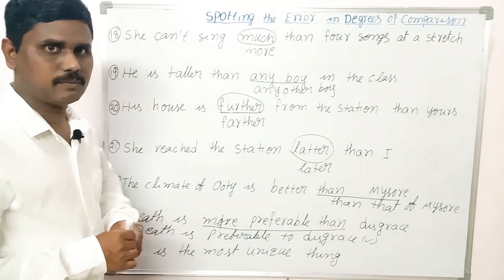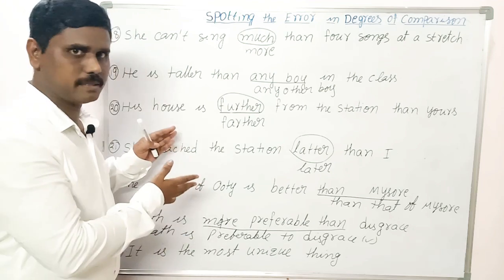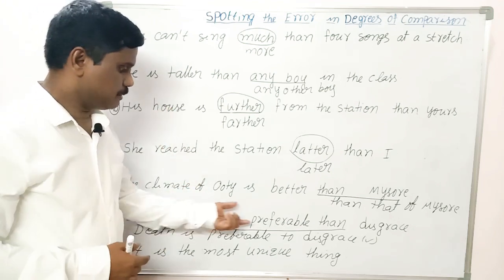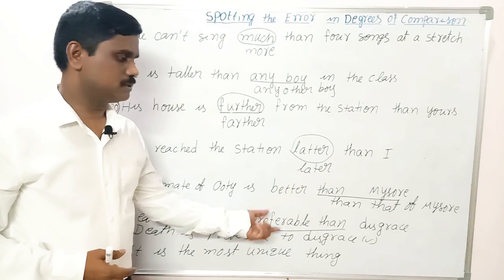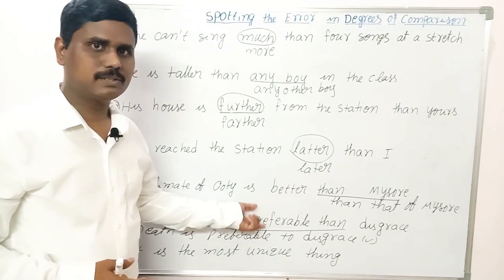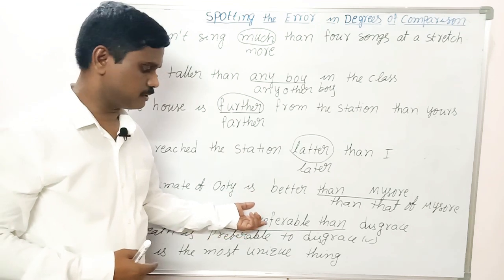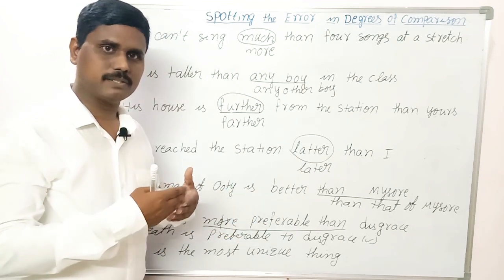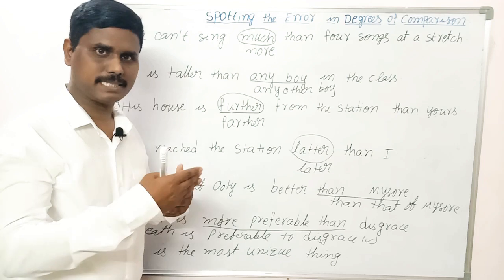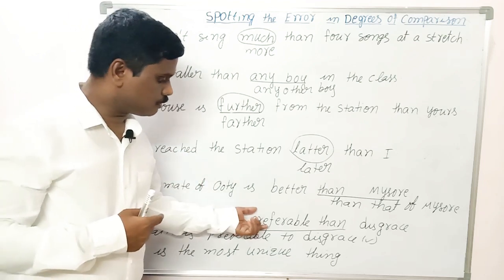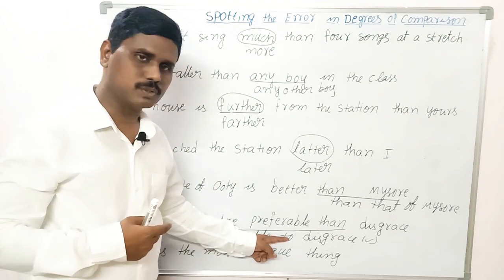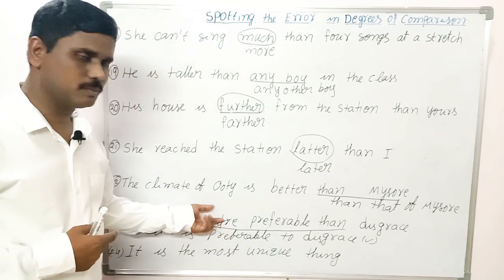So once again, important words: preferable to death, senior to somebody, junior, preferred. In the same way, inferior, superior, exterior, prior. After all these words we use to, and we should not use more or most.